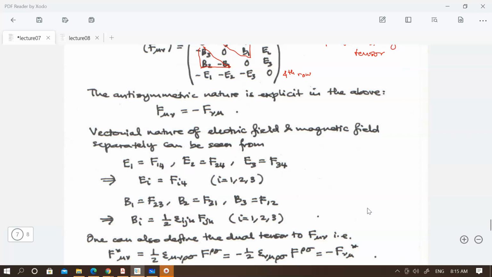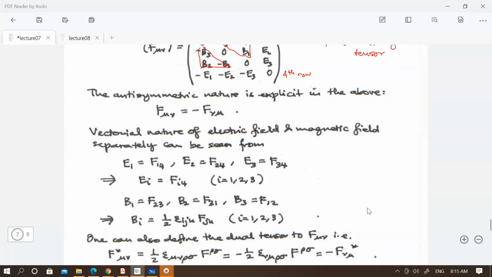So B1, for example, is actually F23. The index 23 is not appearing here, but that's the way it works. So you have B1 equals F23, B2 equals F31, and B3 equals F12.